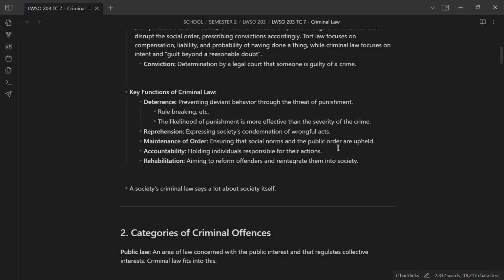Through that deterrence, it's important to point out the likelihood of punishment is more effective than the severity of the crime when it comes to punishment in criminal law. That's also why we don't really use the death penalty too much anymore. Capital punishment, America does now under Trump, but typically we found it not only is it incredibly expensive, but the severity of the crime isn't as effective as the chance of you being punished.